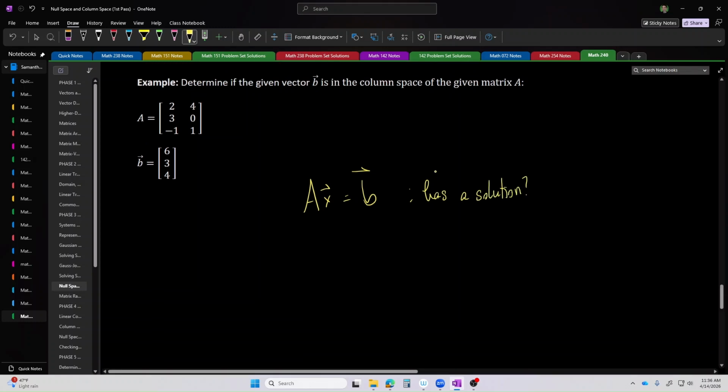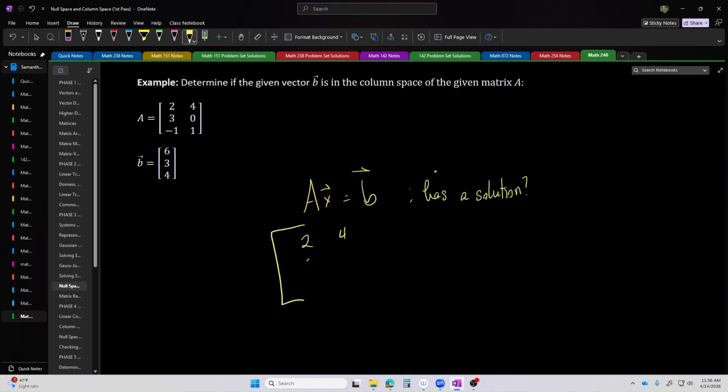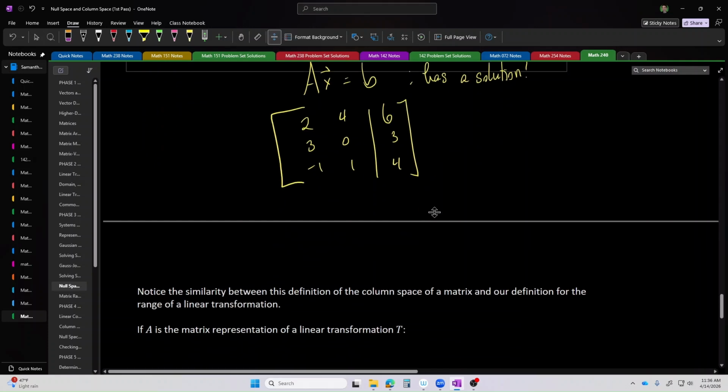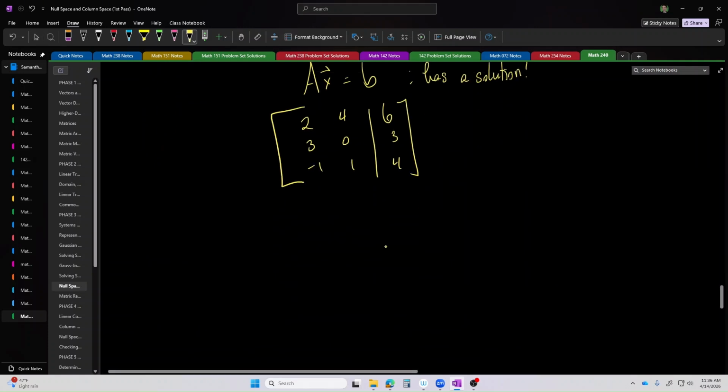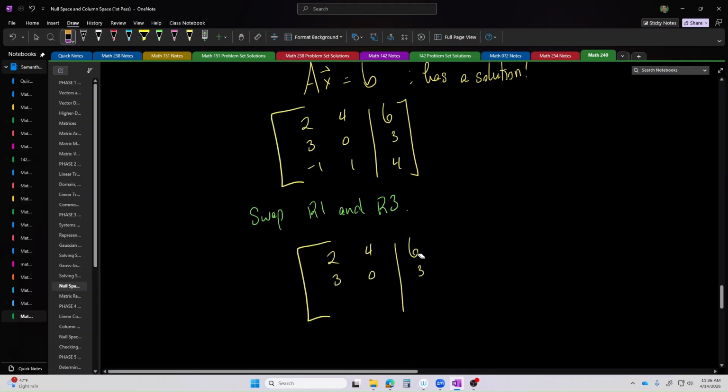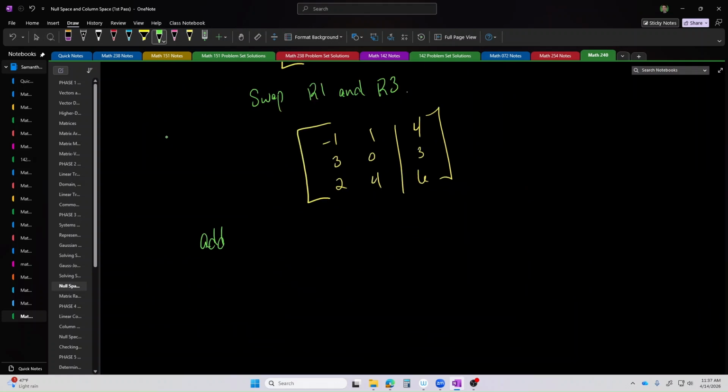I can use the augmented matrix and row reduction to answer that question, performing the same kind of operations as last time: swapping rows, scaling, and adding rows together.